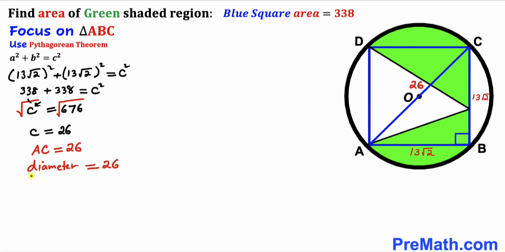So diameter turns out to be 26. And we know diameter is simply twice the radius, equals to 26. Let's divide both sides by 2. This 2 and 2 cancels out. So our radius of this circle turns out to be 13 units.